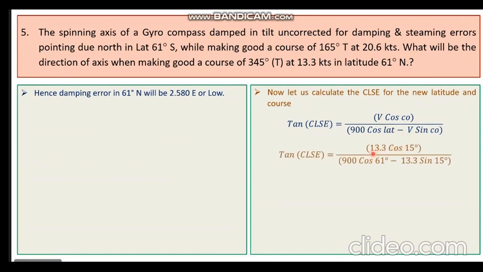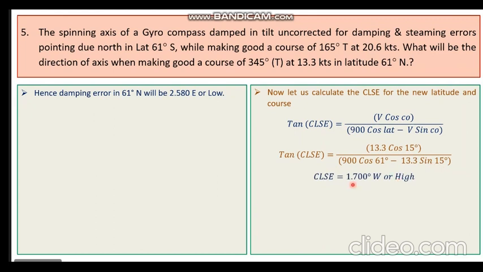Putting the values, the speed is 13.3 knots. Cos of course is north 15 degrees west. So we use the value of 15 here. 900 cos of latitude is 61 minus V sine course, V is 13.3, sine of course which is 15.